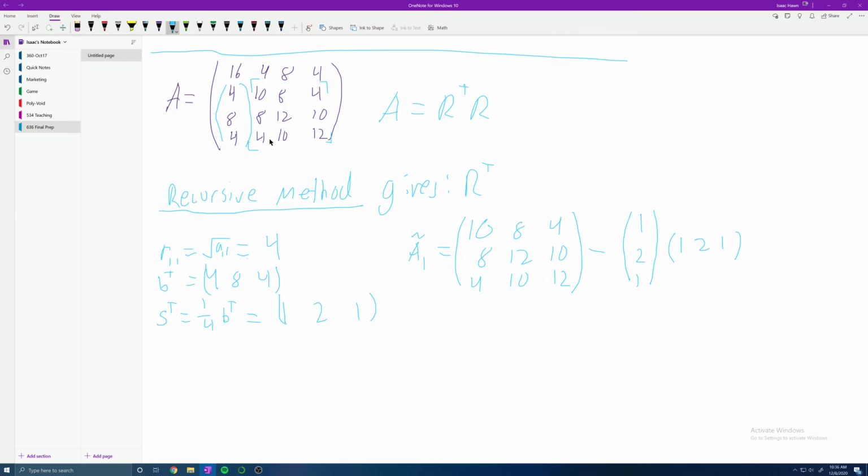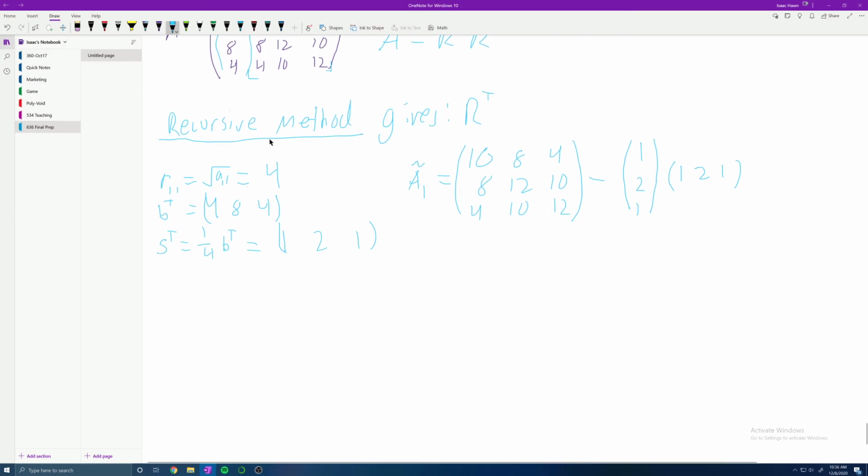When we compute that, we're going to get A wave 1 equal to 9, 6, 3, 6, 8, 8, 3, 8, 11. You can verify that if you want to. I'm not going to go through the arithmetic steps here because that's going to take way too long. Okay, so this is our new matrix A wave.